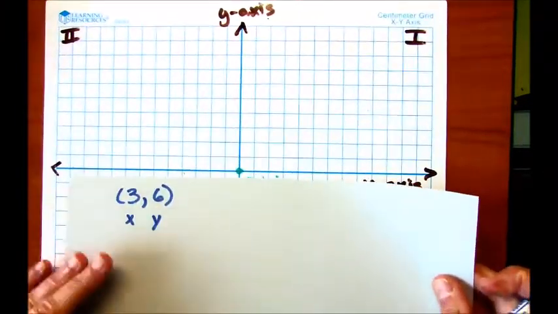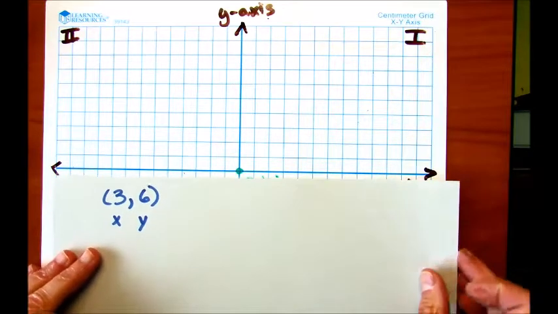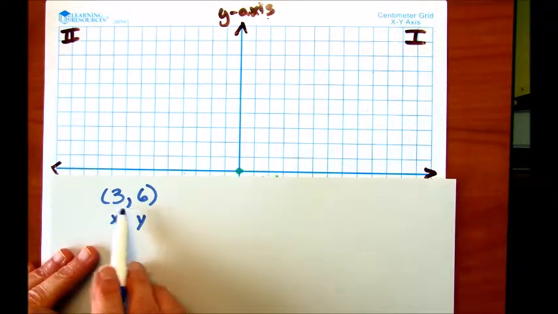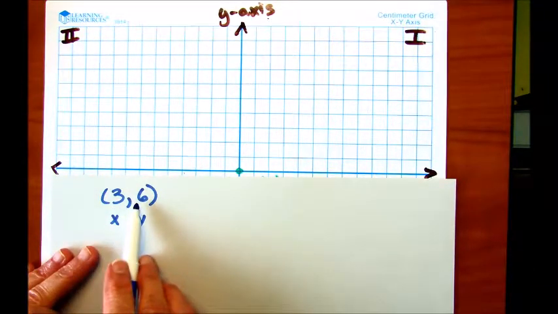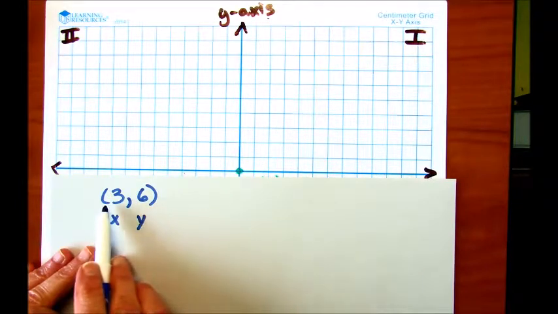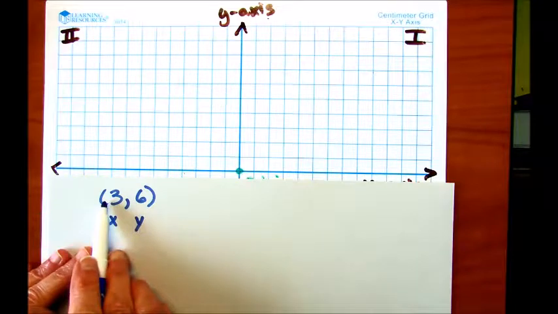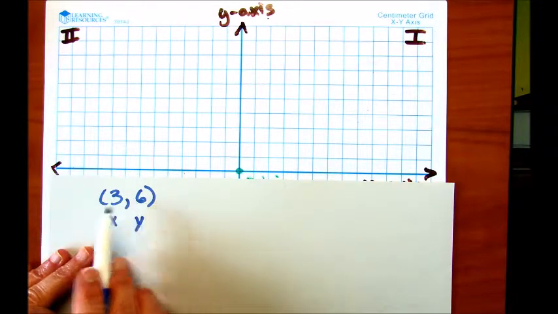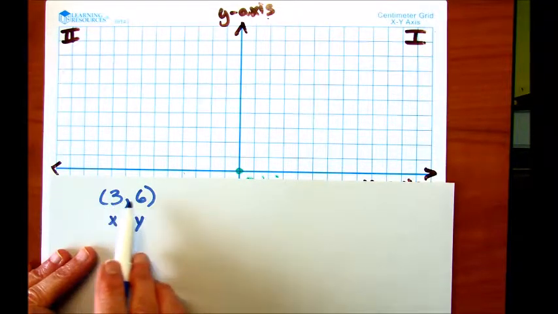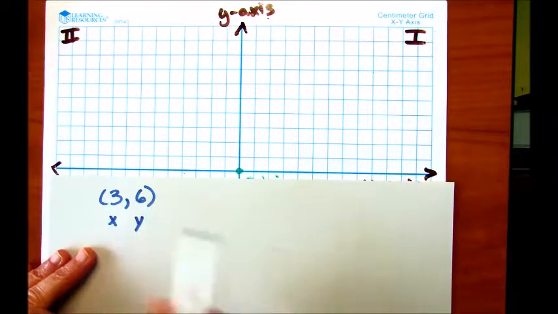So when we're locating a point, it's important not only to know the numbers, but it's also important to identify the signs. And in this case, both numbers have no sign, so we can assume those are positive numbers. So positive 3, positive 6.